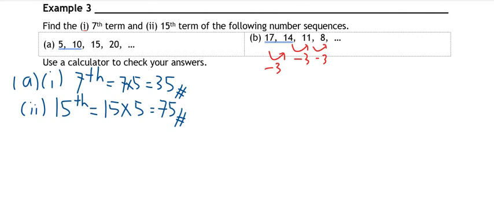So let's begin with the fifth one, which is 8 minus 3. So the fifth one will be 5. Agree? And then the sixth one will be 5 minus 3, which is actually 2. And this is the part that you're looking for, which is the 7th.